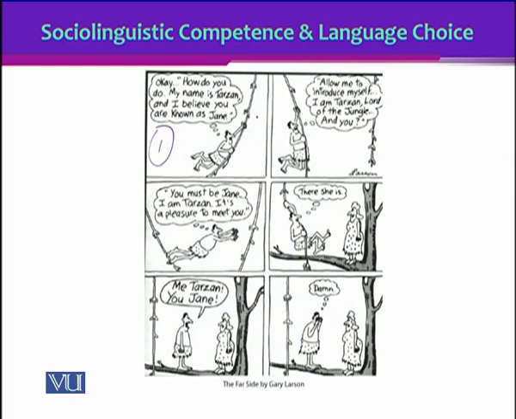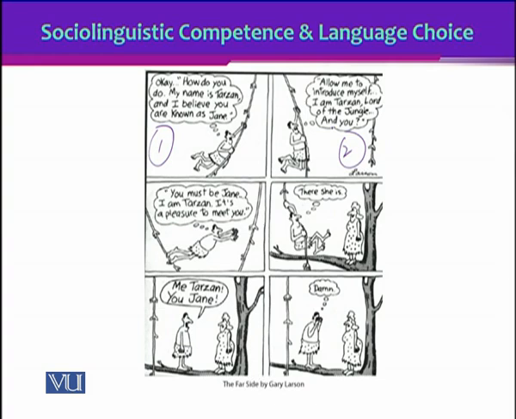So, this person is getting ready to meet a person from some other culture, climbing from one tree to the other. As this person climbs, holding the branches of one tree, trying to go to the other tree, he says, in number 2, allow me to introduce myself. I'm Tarzan, Lord of the Jungle.